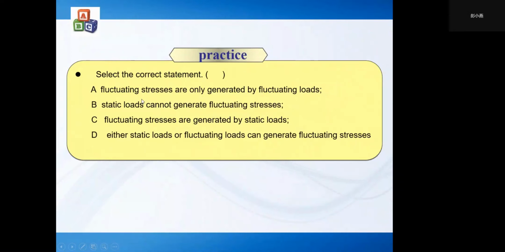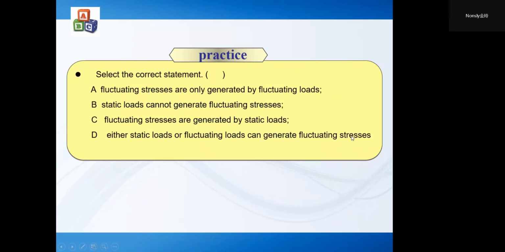B. Static loads cannot generate fluctuating stresses. C. Fluctuating stresses are generated by static loads. D. Either static loads or fluctuating loads can generate fluctuating stresses.